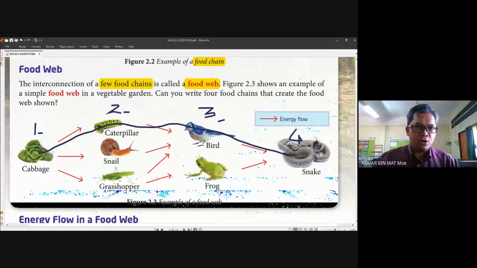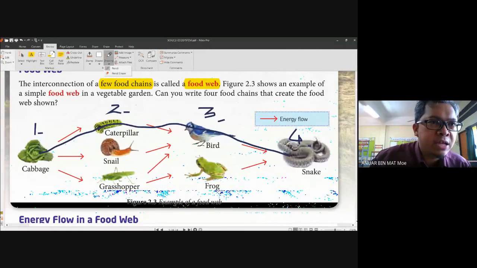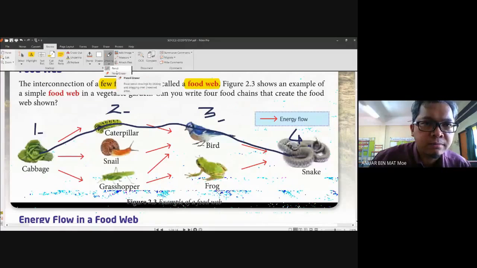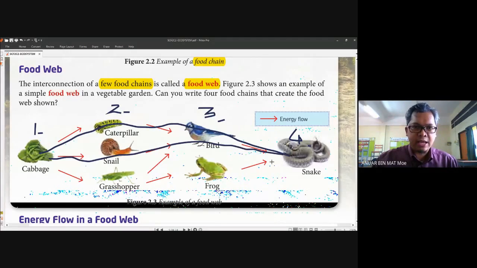Can you understand, yeah? Okay, now the second one. Where is the second food chain? The second one is cabbage, snail, birds, and snake.